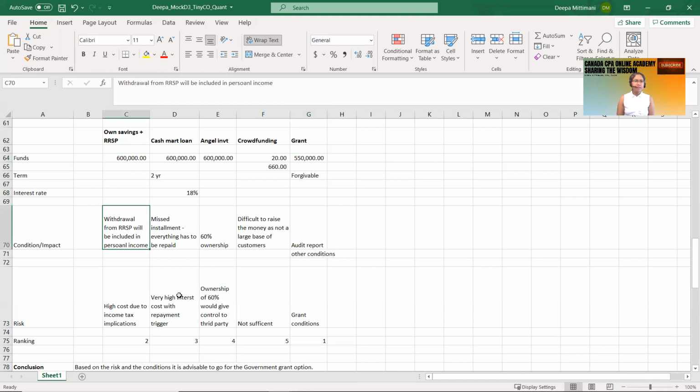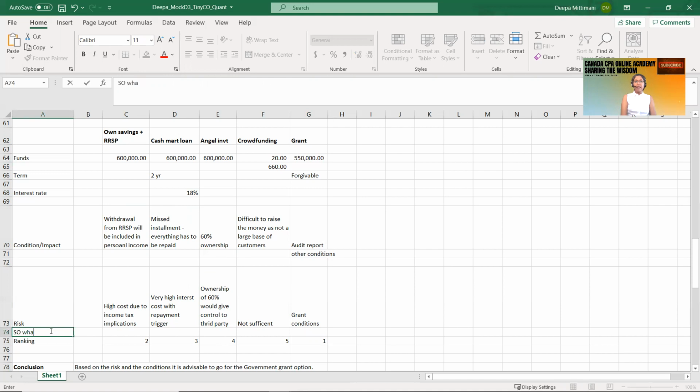Then similarly, like the one angel investor, I'm noting here that what is the condition that they want 60% of the ownership. Ownership of 60% would give control to third party. Okay, so what? So the so what factor that is important in explaining was missing in everything. So if I had written, okay, so what?